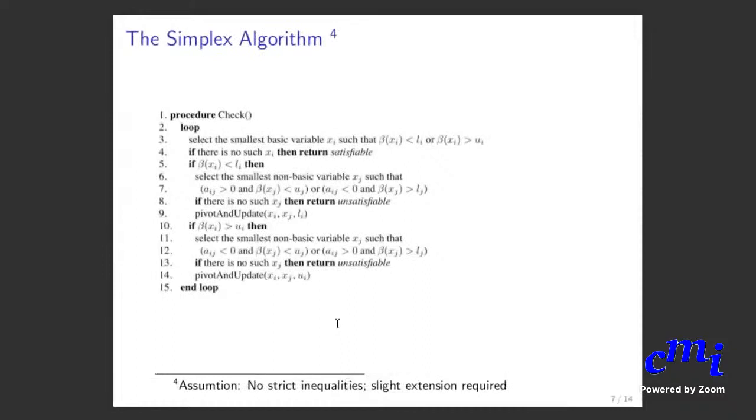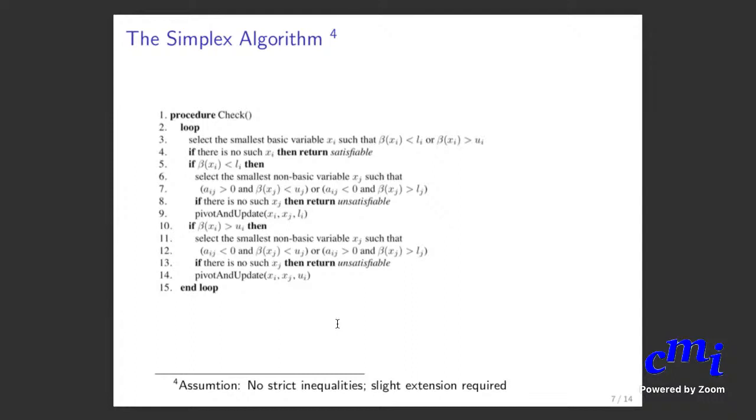This is a reproduction of the algorithm as described in that paper, and it's also the way it is in the textbook. Like I said, you select the smallest basic variable that violates its lower or upper bound. That is x_i such that in the current assignment x_i is either less than the lower bound or greater than the upper bound.